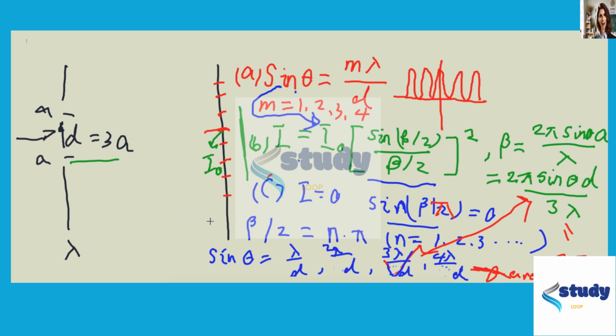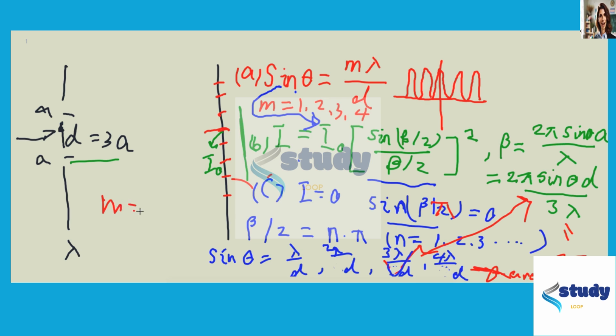So what's the difference compared with the picture in chapter 36, the picture 36 on the top? As to the example from the textbook, every fourth interference maximum at the side on the screen will be missing.